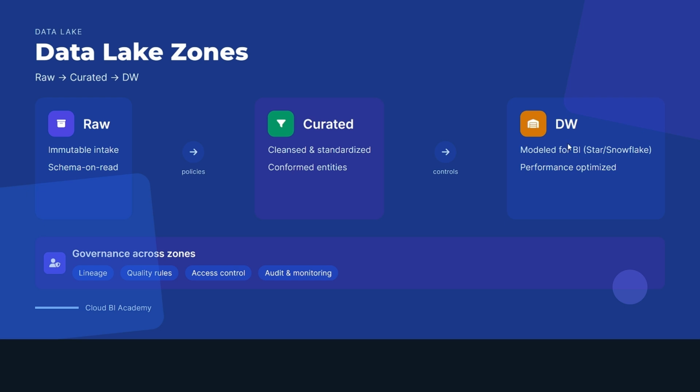And this is our DW zone. So we can understand star schema and snowflake schema. Basically, we have divided our tables into fact and dimension. Fact is related to transactional tables, and dimension is like our master data, for high performance reporting.